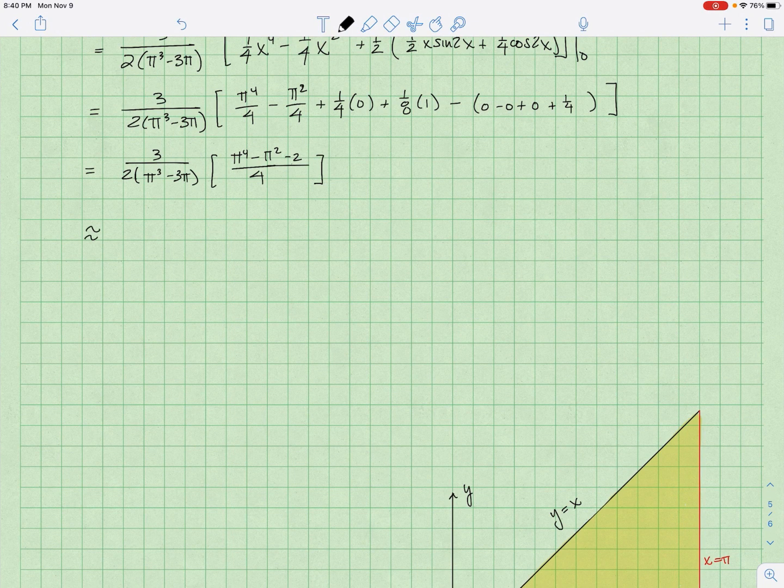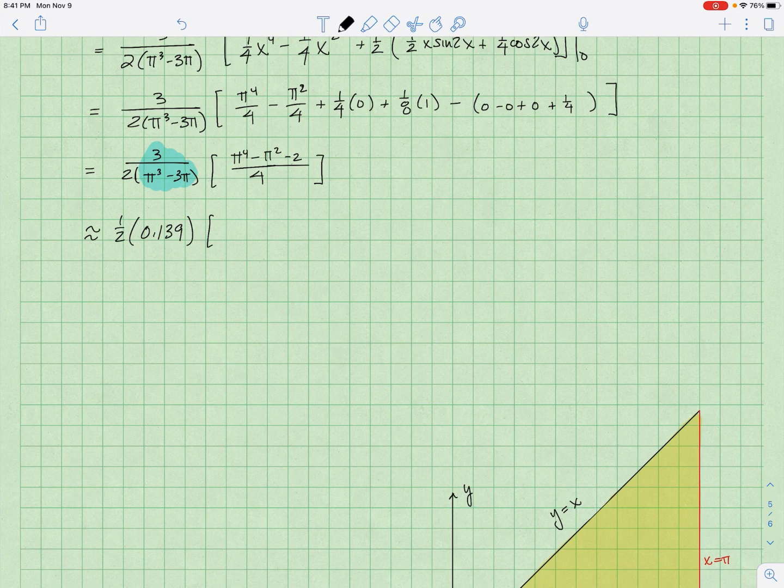Previously, this particular piece was 0.139. So this is 1/2, 0.139 roughly. And let's see. Pi to the 4th is about 97.4 minus the quantity pi squared. It's going to be about 87.5 minus 2.